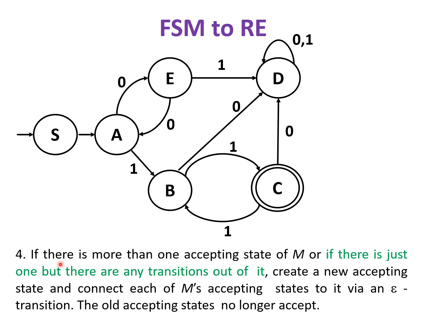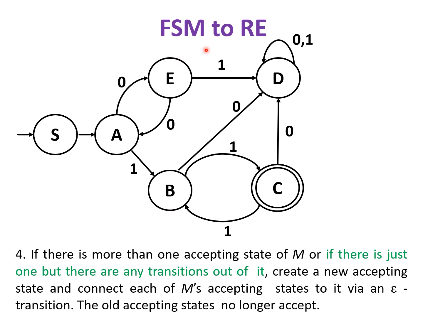In the fourth step, if there is more than one accepting state in the finite state machine, or a single accepting state having outgoing transitions, then we are supposed to create a new accepting state.